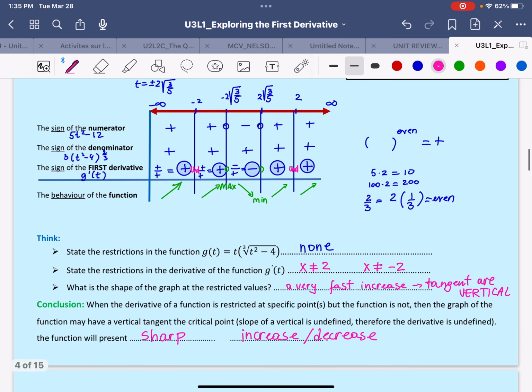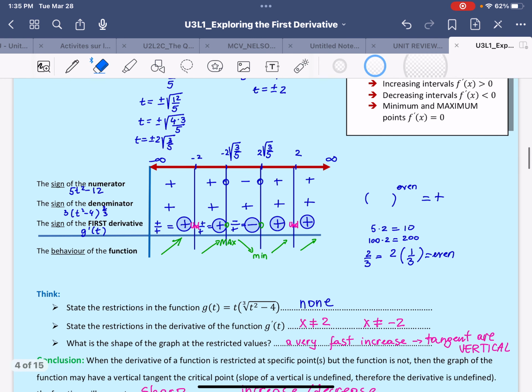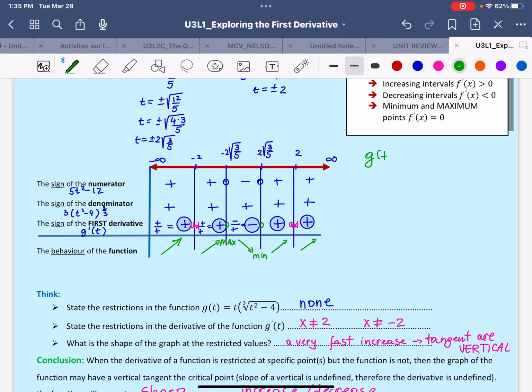So when it comes to determining the intervals of increase and decrease in this case, how do we write them? So we're going to say that the function g(t) is increasing for the t values anywhere from negative infinity to the point when it reaches the maximum. So that's negative 2 root 3 over 5.